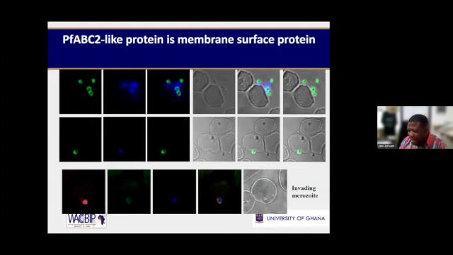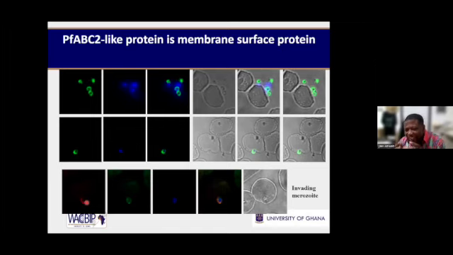The marker of merozoite is MSP. You see that as the parasite enters the red blood cell, it sheds the MSP off. So you see how far it has entered, how much MSP we have. So clearly, this is an indication that this protein can play a possible role.